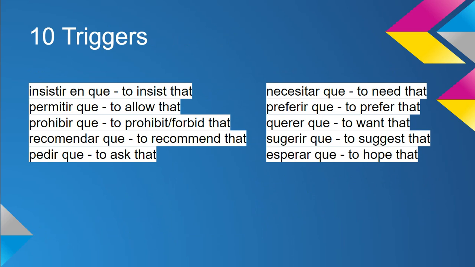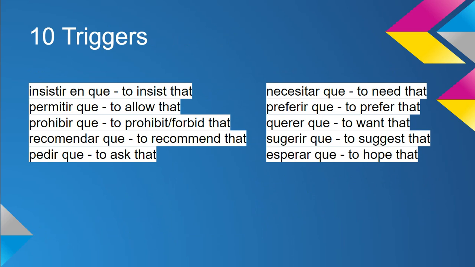But in Spanish, it would be the BMV doesn't allow that drivers drive with expired tags. So sometimes you have to reword it when you're thinking of how it would be in Spanish.